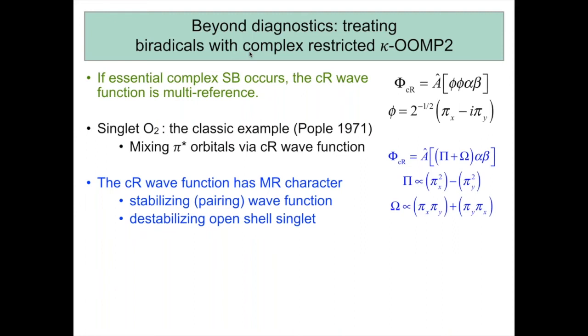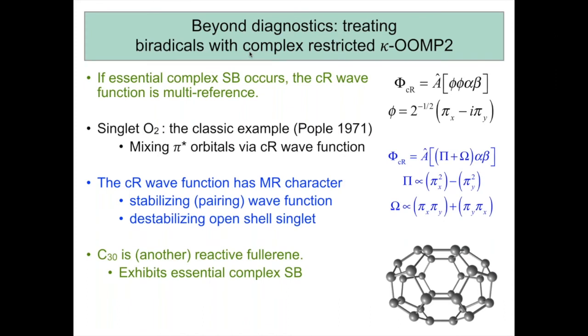That has multi-reference character, and the multi-reference character comes in sort of two pieces: a stabilizing or pairing wave function that describes the strong correlation well, and a destabilizing open shell singlet that comes along because of the symmetry of the single complex determinant. It turns out that C30, another reactive fullerene, actually exhibits essential complex symmetry breaking.